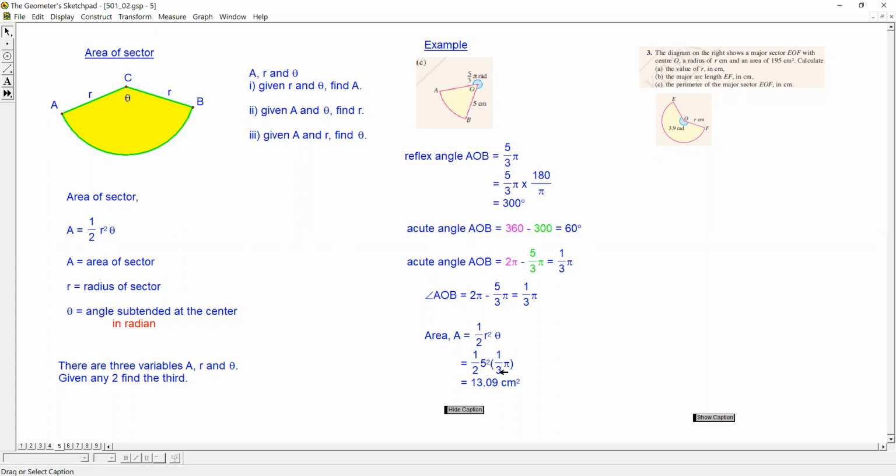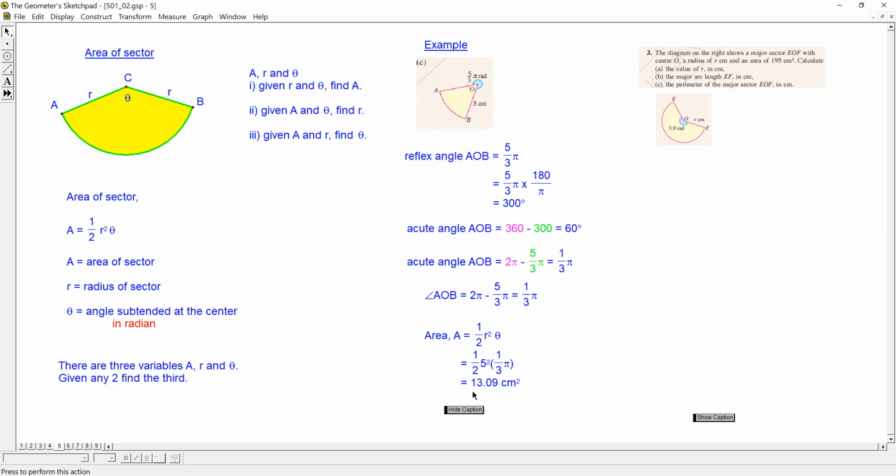So it is not necessary to convert the angle into degrees, then convert back to radians again to substitute in here. There's a direct link. You just use 2 pi minus 5 over 3 pi and you get the answer, exactly in radians, and put it inside.